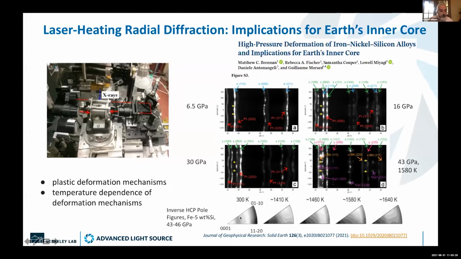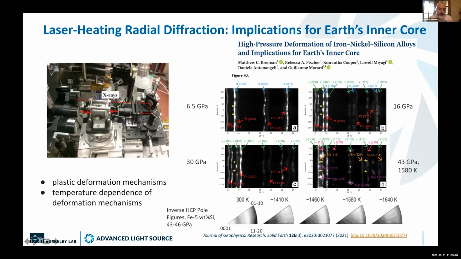And that's shown at the bottom here with these inverse pole figures taken as a sequence of heating between 43 and 46 GPa, where in the hexagonal plane indexing scheme, you get a progressive orientation that evolves around the 0001 direction and probably a bit around the 11-2 direction as well under compression.